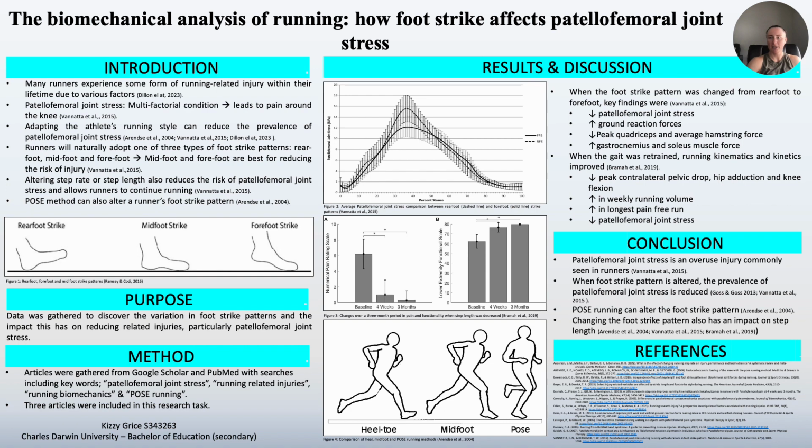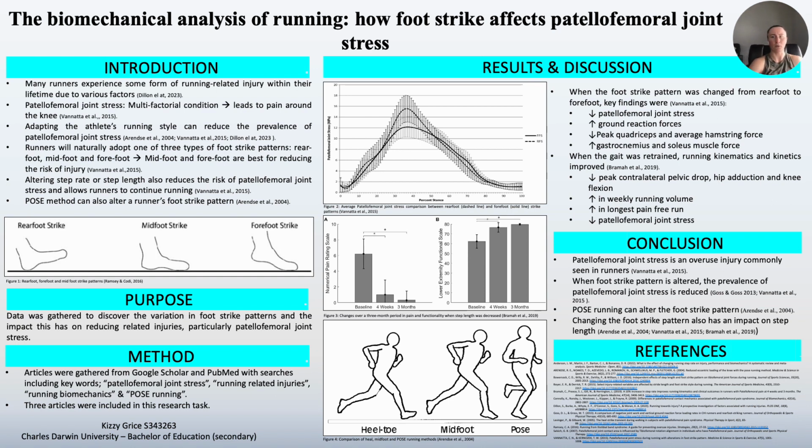Key findings were that once the gait was retrained and step rate was increased by 10%, there was an overall improvement in running kinematics. So we saw that here it decreased, and over here increased in the functionality of the runners. So what these runners saw was an overall improvement within their running kinematics.